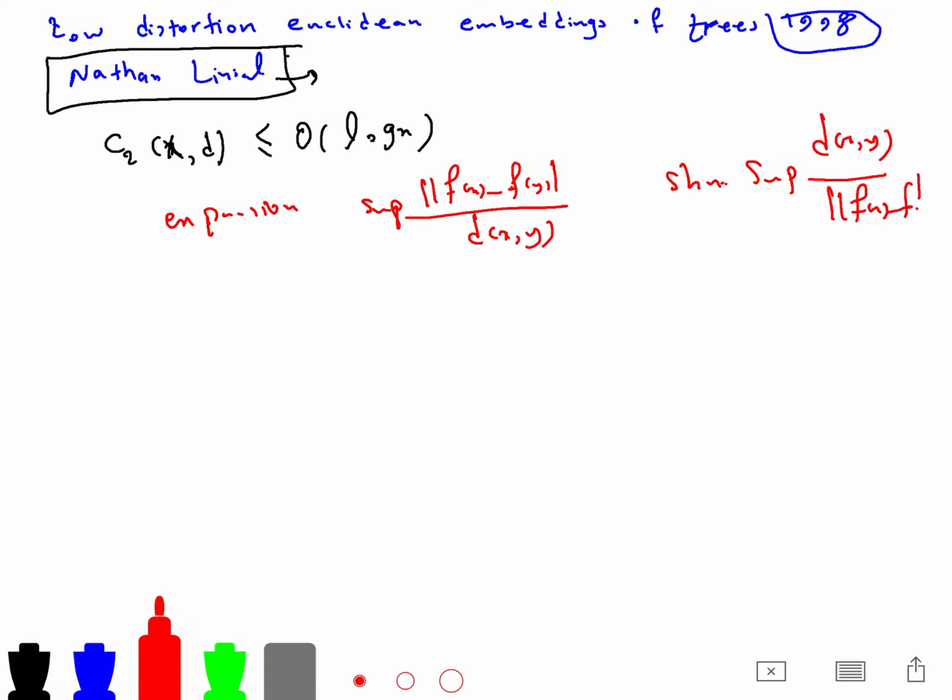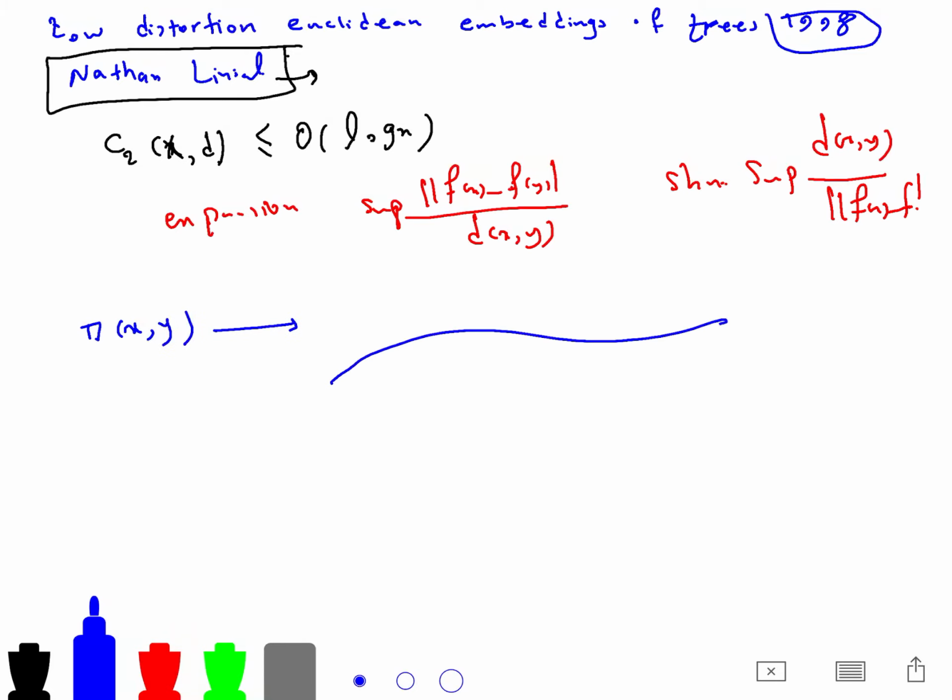When I say P of x and y, it means the set of edges on a path that connects vertices x and y. For example, the first edge could have this weight, the other one this weight, and the last one this weight.